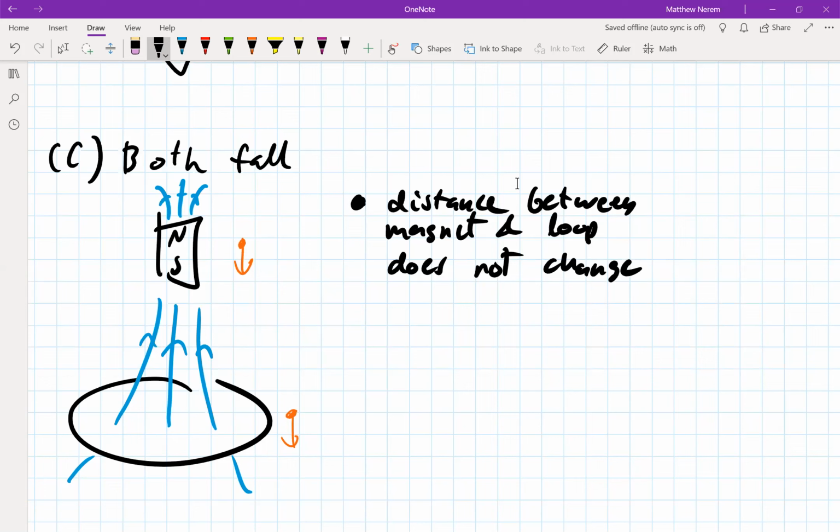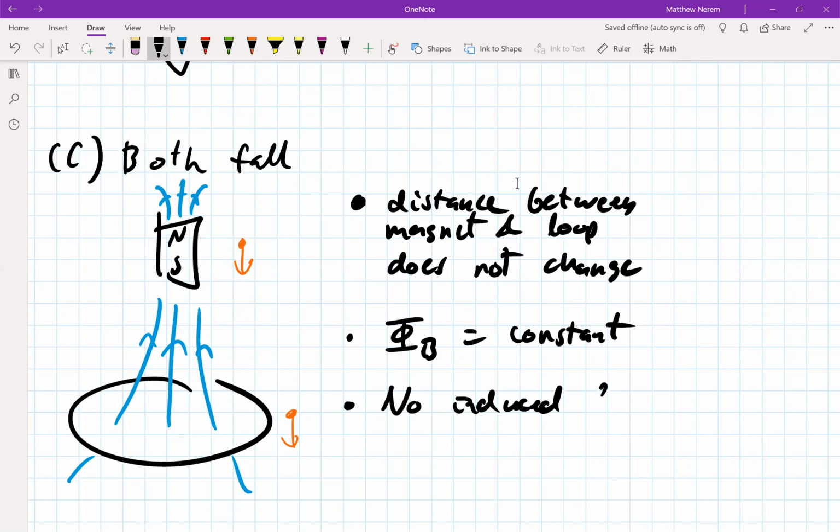Obvious caveats in physics, we ignore things like friction and drag. We just say they're both falling at the same rate. Well, if the distance isn't changing, then the magnetic flux is constant. So no induced fields.